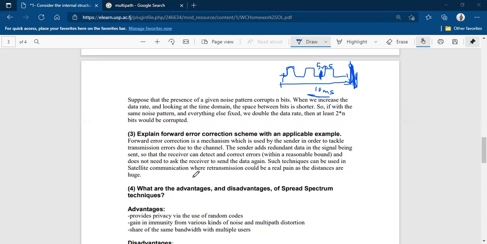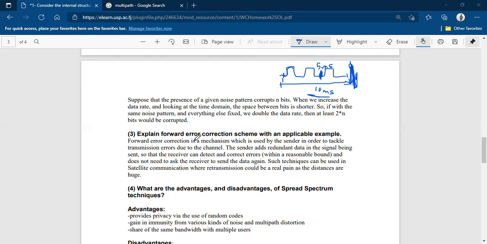If you're trying to receive a signal from the satellite back to the earth, it will take some time, isn't it? So we want to protect the data. As it comes through, we want to add the forward error correction scheme, so that once we receive the signal, we can do some computation in order to receive the original message, so that the satellite does not have to resend the message.